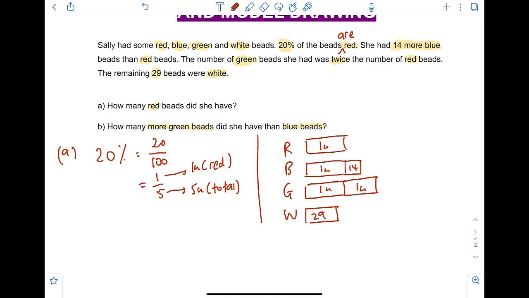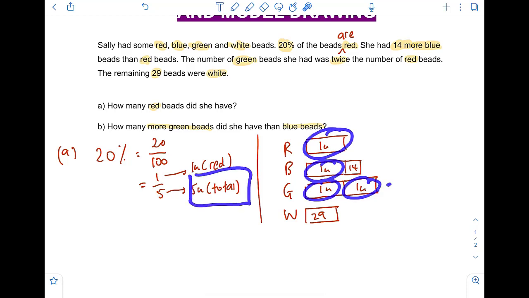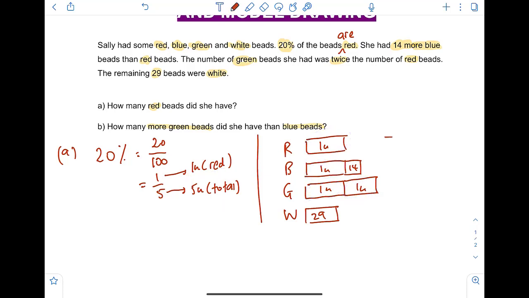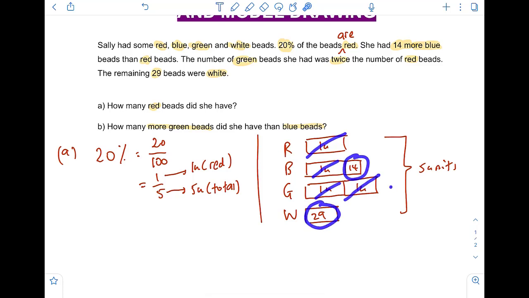Once you draw a model, you will realize that 1, 1, 1, 1, a total of 4 units, we have circled. Remember, the grand total number of beads is 5 units. So if you've already drawn 1, 2, 3, 4 complete units, which means 14 plus 29 must be the 5th unit.